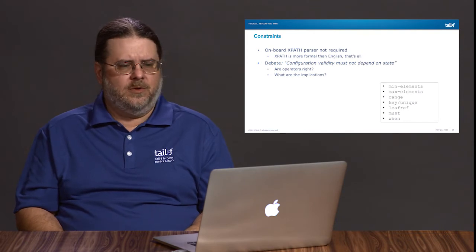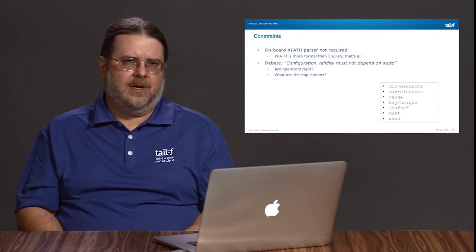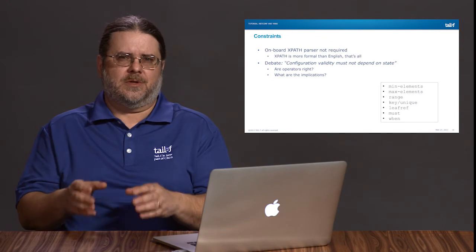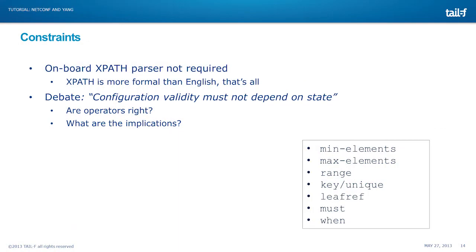So, one of the first things to think about is how do you model the constraints and validation limits for your particular system. Perhaps you don't want an onboard XPath parser. You don't have to, but it can help. It's more formal and gives you a very nice, concise definition.